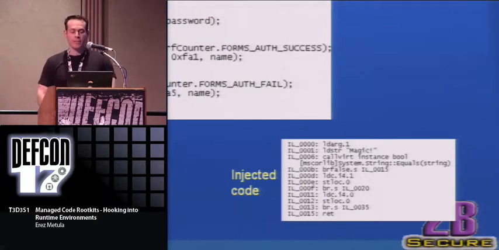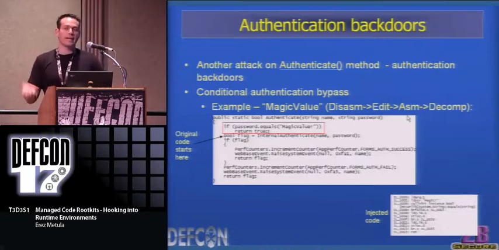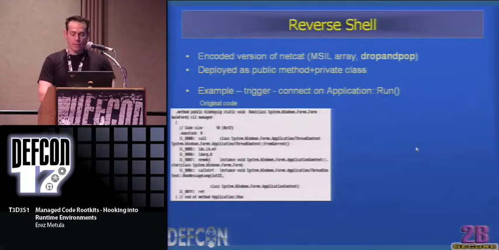And in our example, the code was injected into application run. Run is a method which is called each time an application is executed. Basically, this is like a main in a C++ application. And the code that was injected here, well, as we can see, this is a pre-injection code. The code is injected into the beginning of the method. We can see code that says, well, call our own reverse shell method.